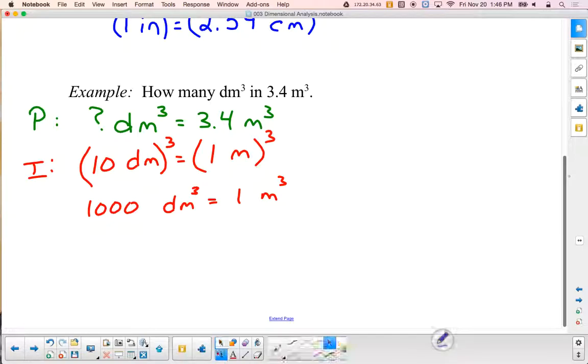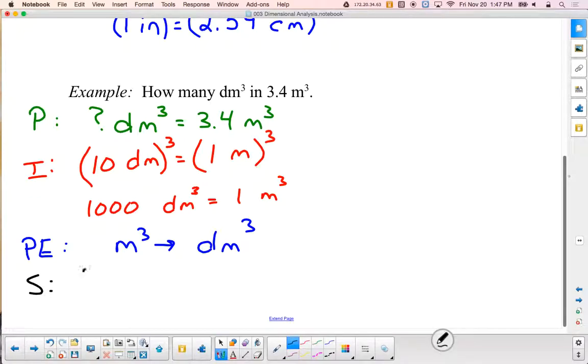Having done that, I can just finish up the dimensional analysis like I usually would. It's going to be a one-step process. 3.4 meters cubed.